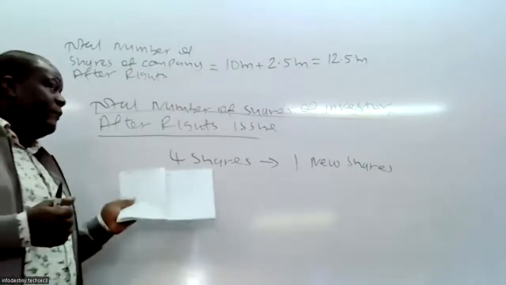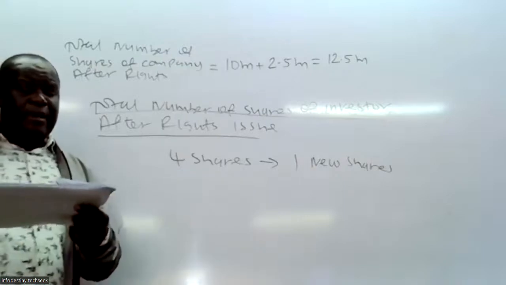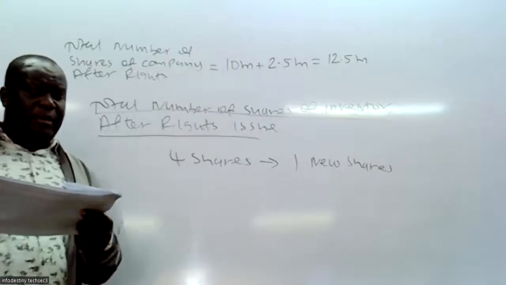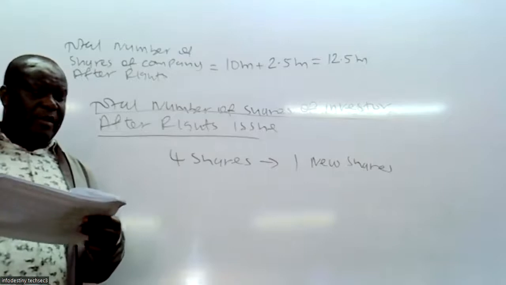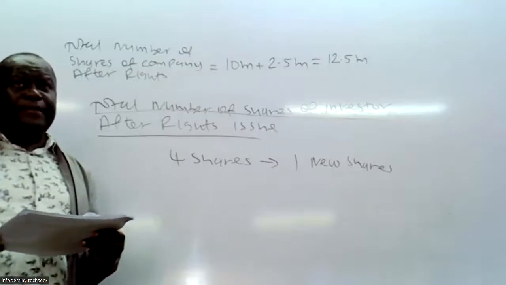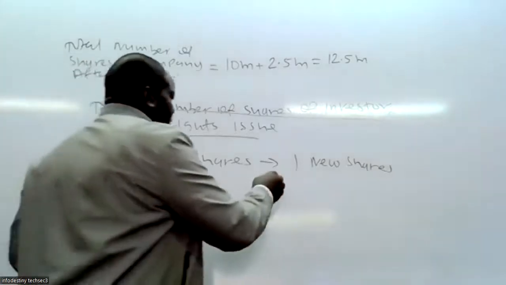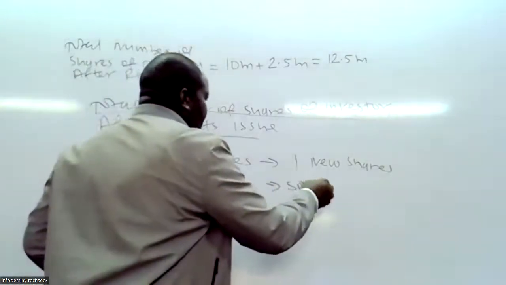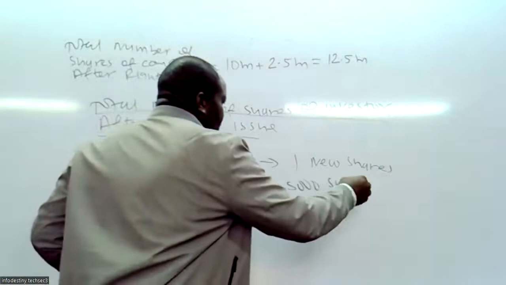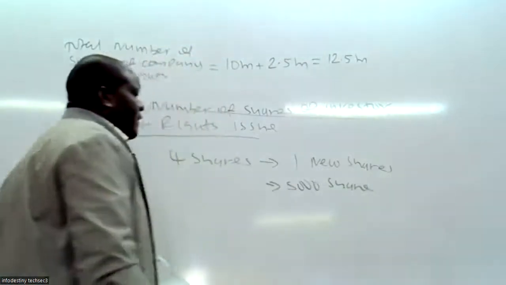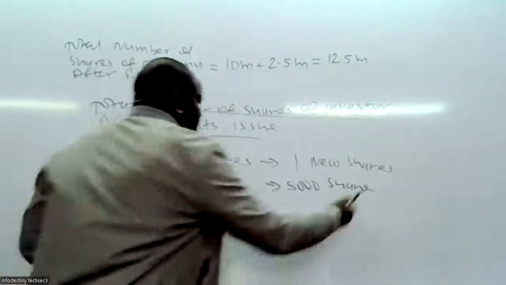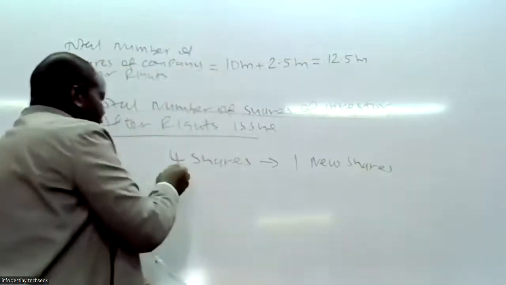But how many shares did this investor have? When you check down there, assuming the investor held 5,000 shares.